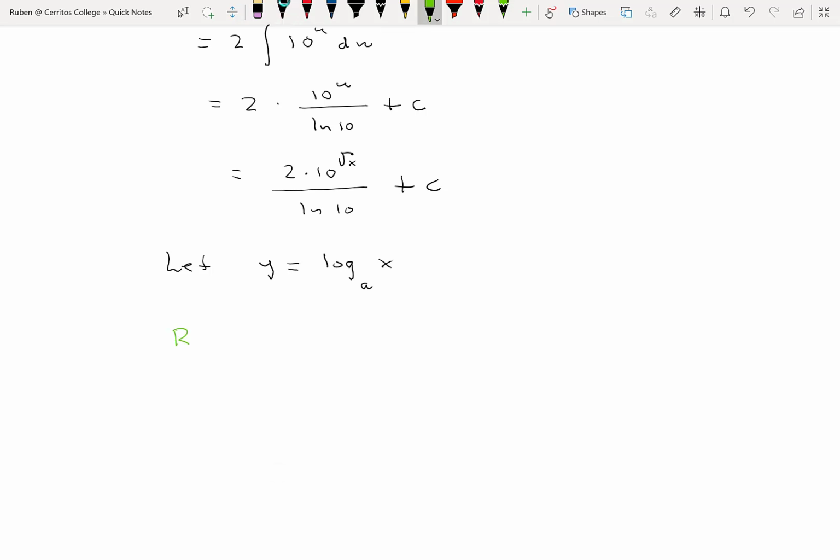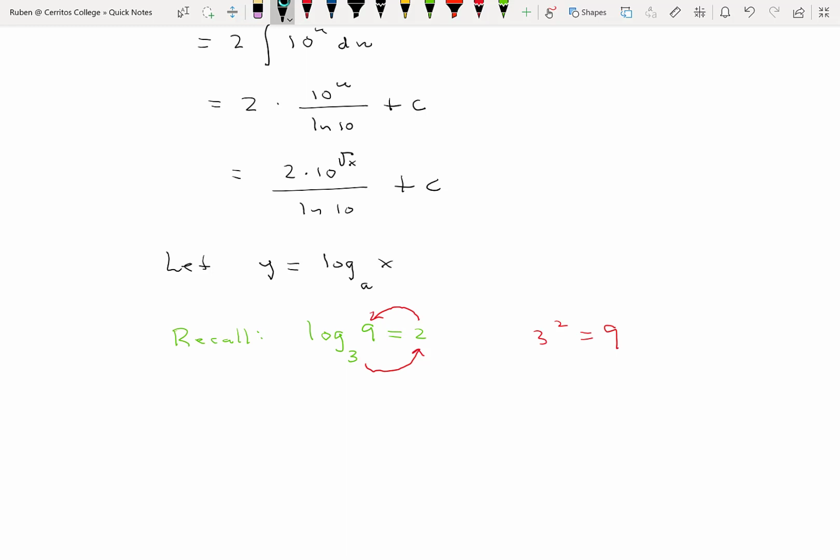I want you to take a look with me at a real simple example. Recall, if you have something like the logarithm base 3 of 9 equals 2, this means that 3 raised to the second power equals 9. That's how we actually define the logarithm. A logarithm always equals an exponent, the exponent that we raise the base to in order to get the quantity we're taking the log of.